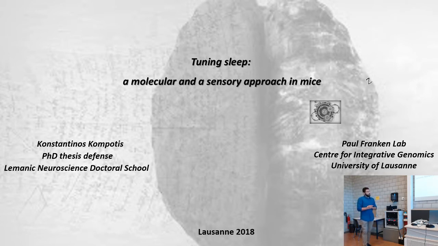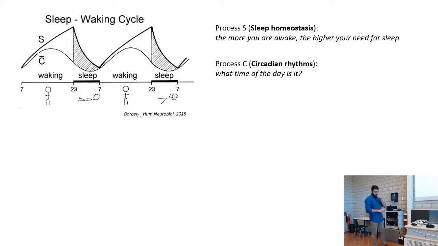So it definitely wouldn't be a sleep PhD defense if I didn't refer to this model. So this is the two-process model. This is how we think sleep works. Sleep is regulated by two processes, namely the process S, which you can see in the curve up here, and the process C. So the process S stands for sleep homeostasis.